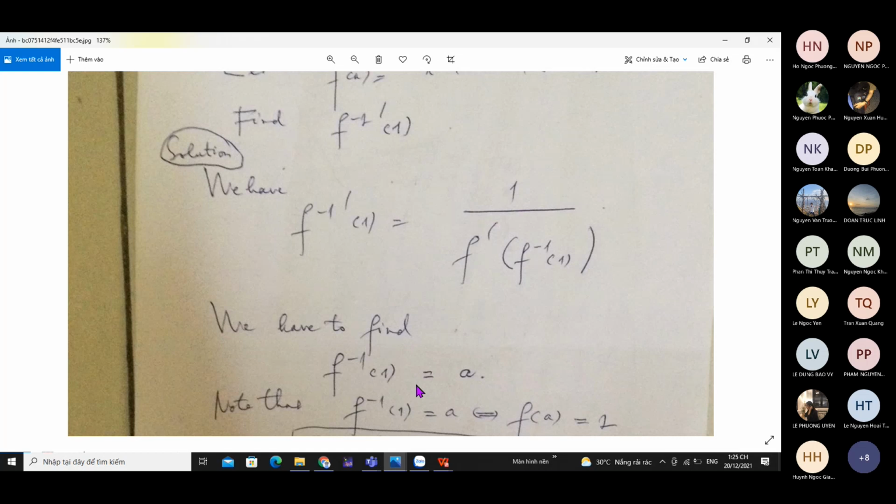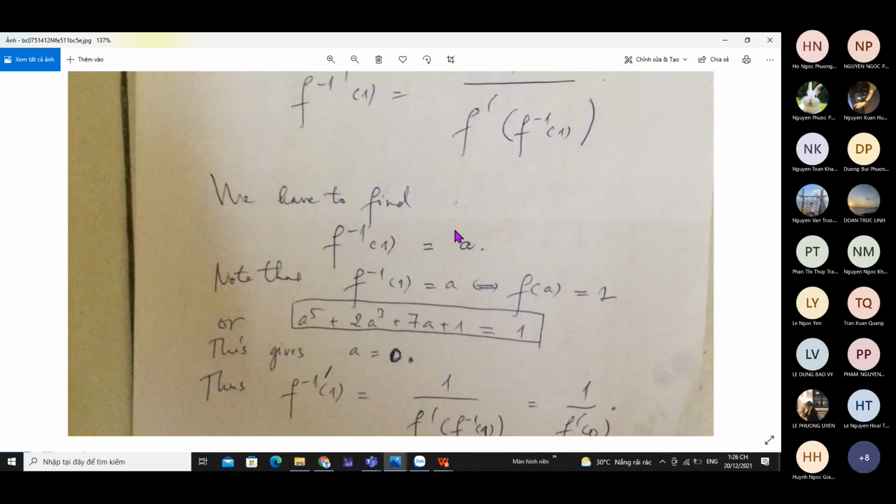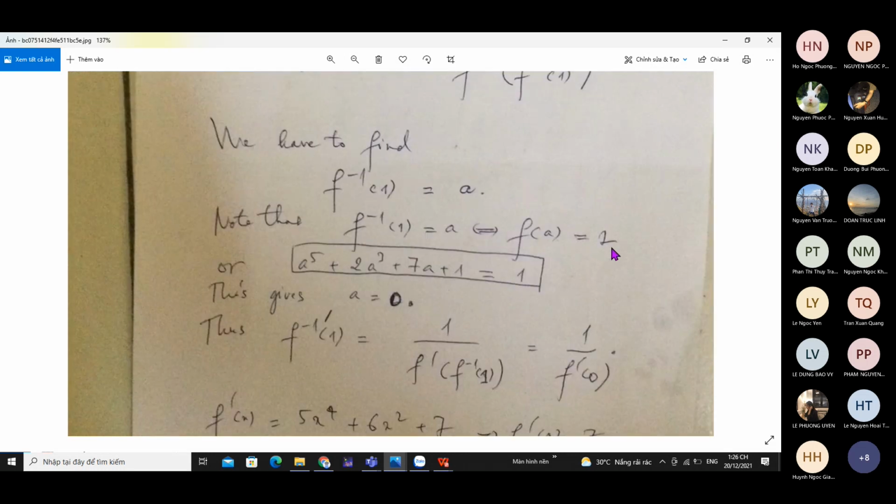Suppose that f inverse of 1 equals a. Then by the definition of inverse function, it's equivalent to f of a equals 1. What does it mean? It means we have to find a number a such that f of a equals 1.